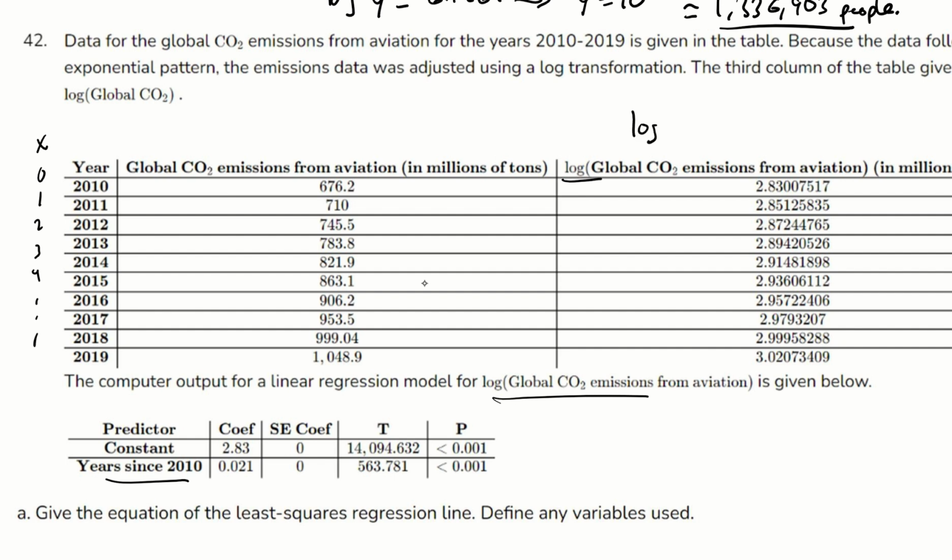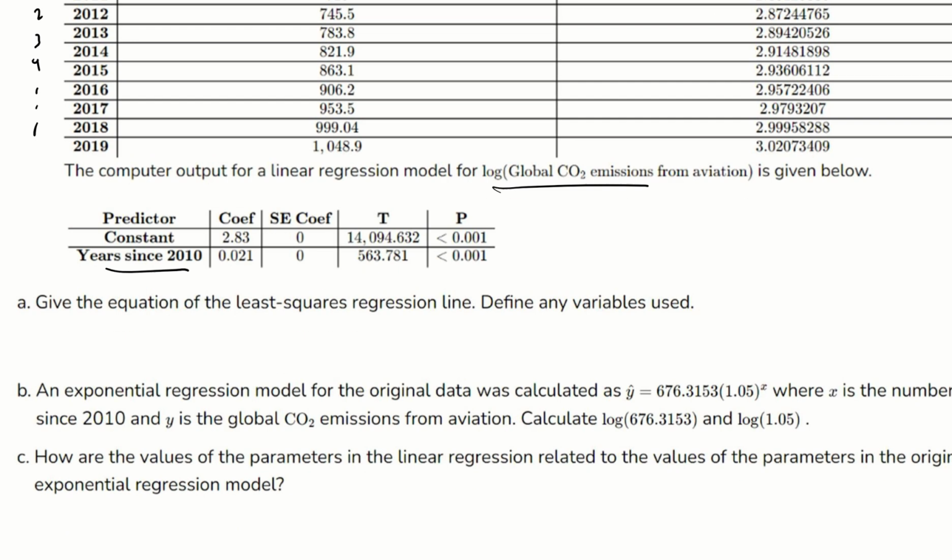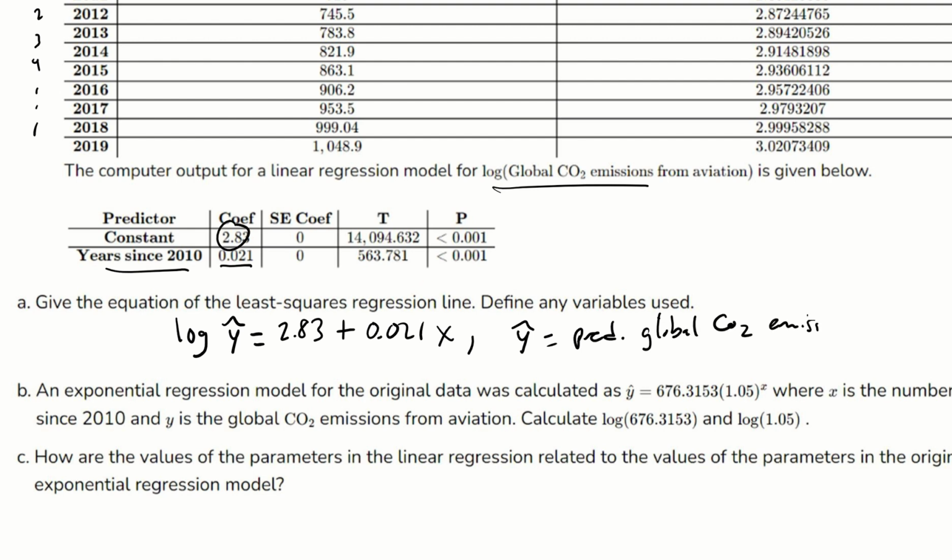And we're going to do log of Y. So in this case, we've got log of Y hat equals A plus B X, where Y hat is the predicted global CO2 emissions from aviation, and X equals number of years since 2010.